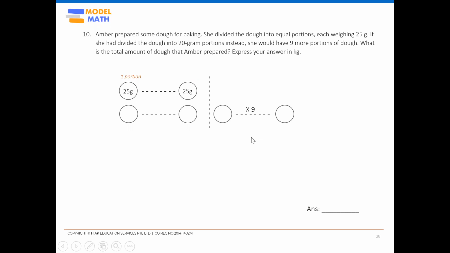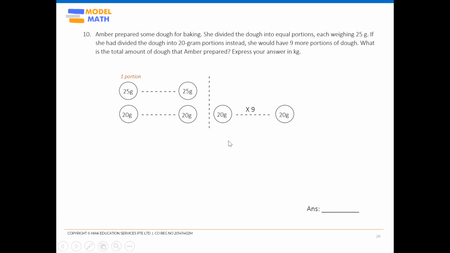As we can see, in the second scenario there are these additional 9 more portions as compared to the top first scenario. And in this second one, every portion should be 20 grams, including the one on the right-hand side. So all these are 20-gram portions.